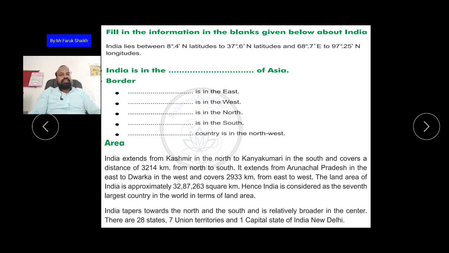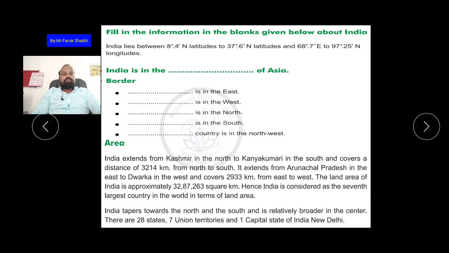Now let us see the area. India extends from Kashmir in the north to Kanyakumari in the south and covers a distance of 3214 kilometers.